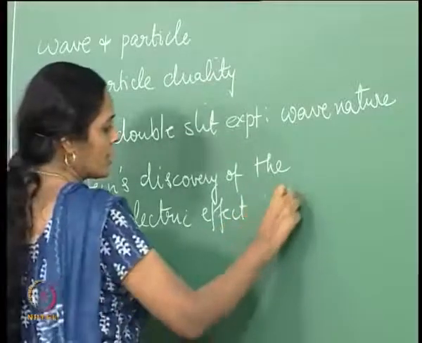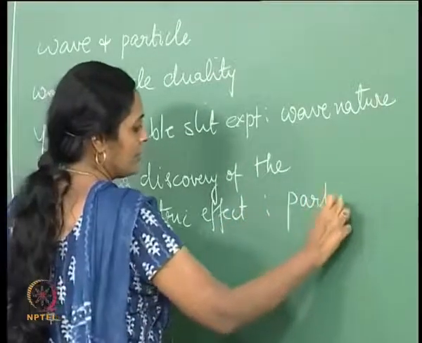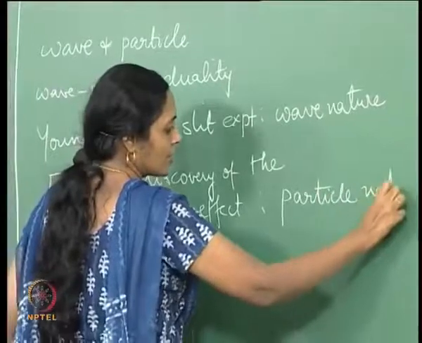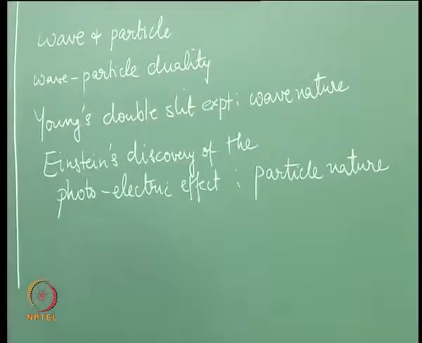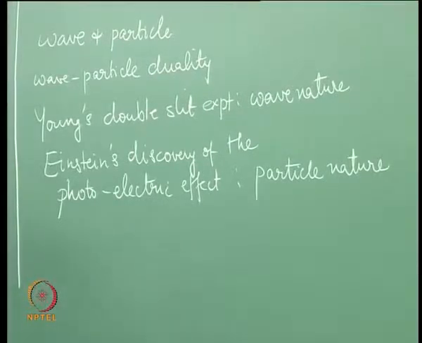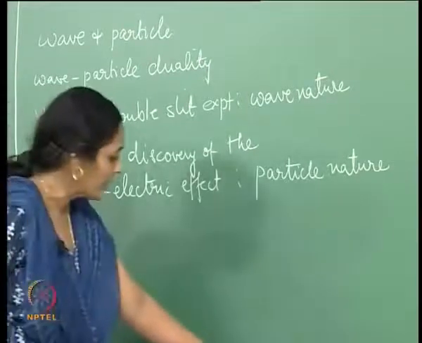And this demonstrates the particle nature of objects. So, I will just give a rather brief description of Young's double slit experiment first, and we will take it up from there.